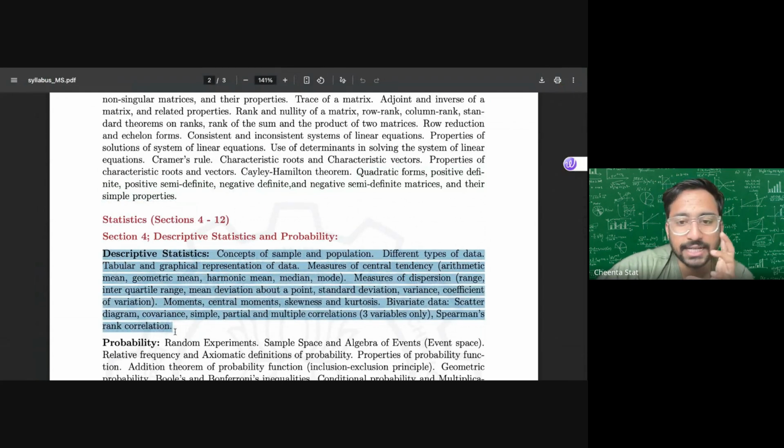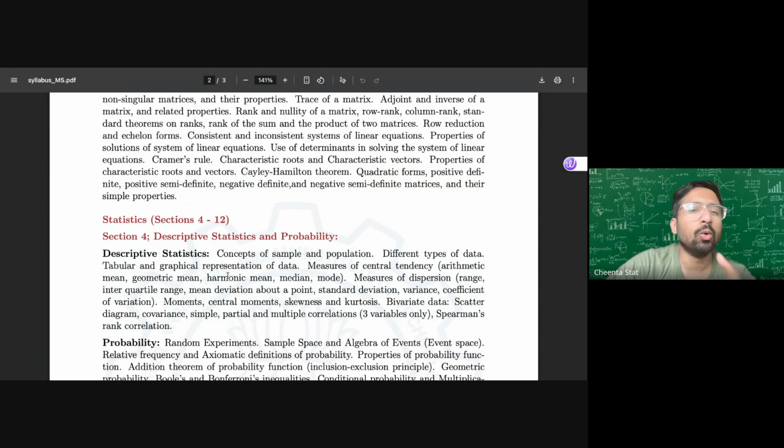There's descriptive statistics. As you know, it gives you a description of the data. One-dimensional, mean, variance, measures of central tendency, dispersion, moments, central moments, bivariate data, scatter plot, and correlations, and all these things. So this is usually very core to any statistics curriculum.